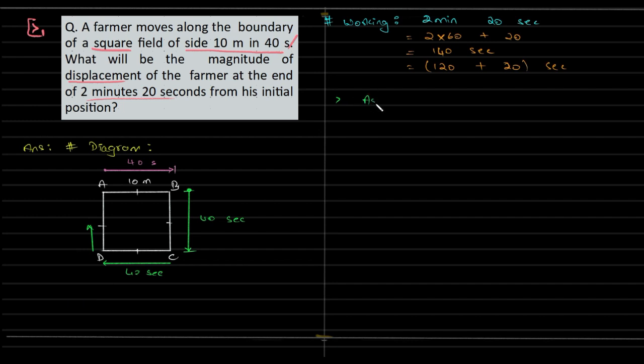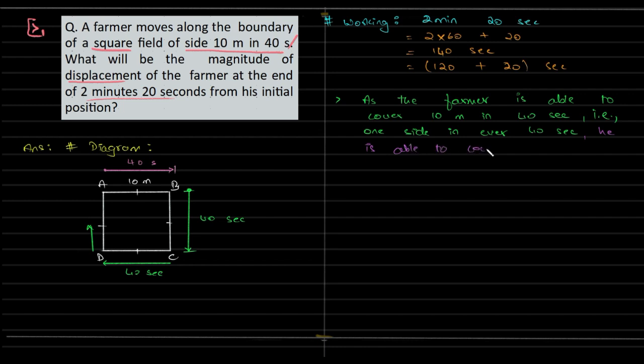So let's make that statement. As the farmer is able to cover 10 meters in 40 seconds, that is one side in every 40 seconds, he is able to cover 3 sides in 120 seconds.